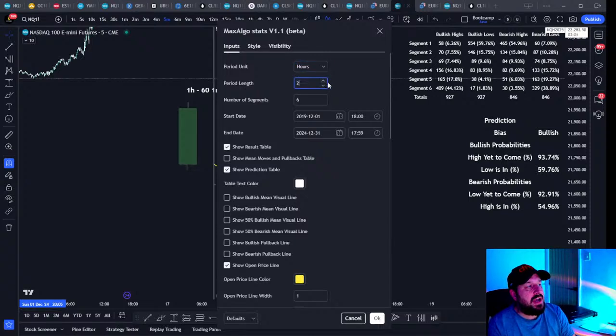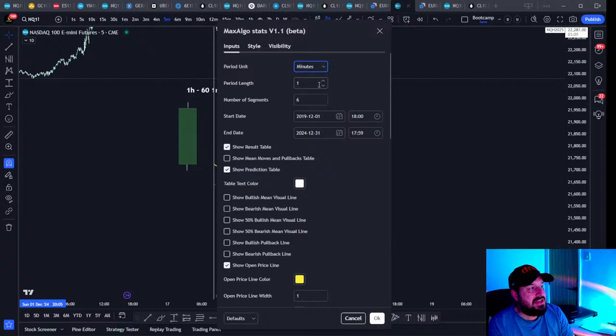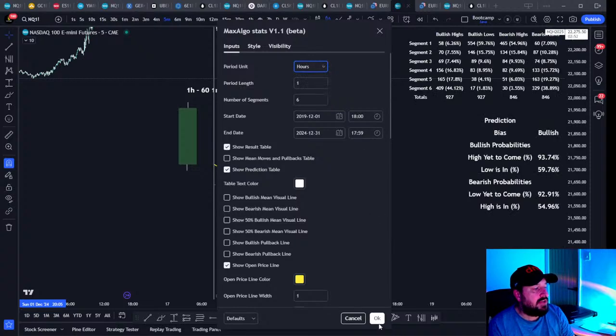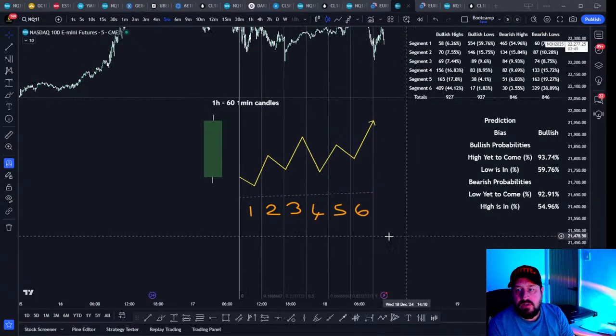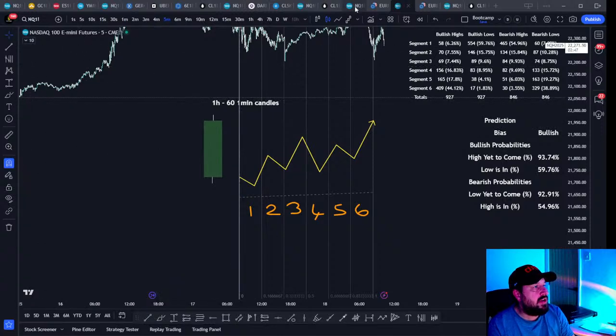We could go to 2 hours, 3 hours, 4 hours, 5 hours and look at the same thing. We could go into minutes and look at the same thing and say, let's look at a 10-minute candle. So it gives you the ability to go through everything and have a look at what it is you want to do. So that's segments, right?